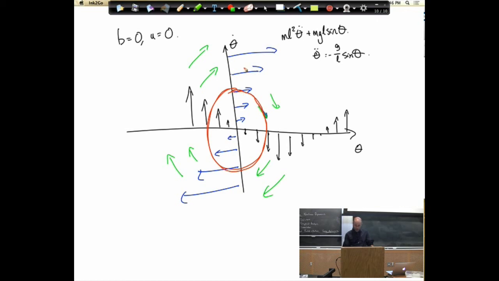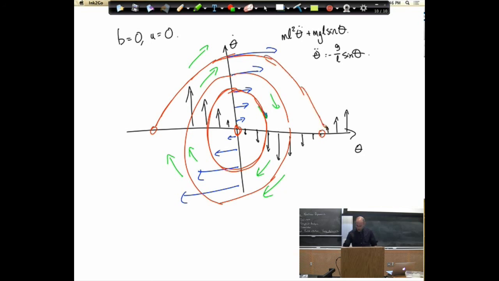And actually there's going to be lots of them. They're not quite concentric, and they should be more round than that. But there's a fixed point here. Remember, there's a fixed point here, and there's another one over here. Whenever theta double dot equals 0, whenever sine theta equals 0. So something special happens at that one. There's an orbit that goes directly up to that fixed point.